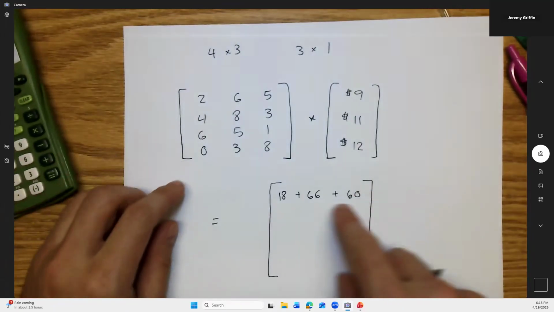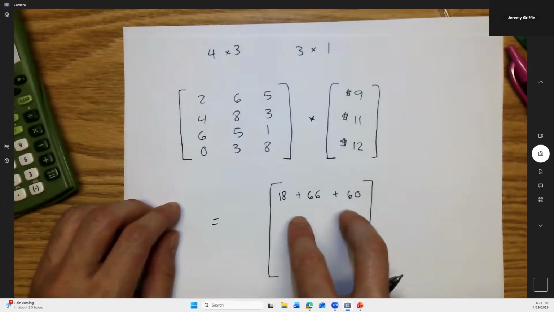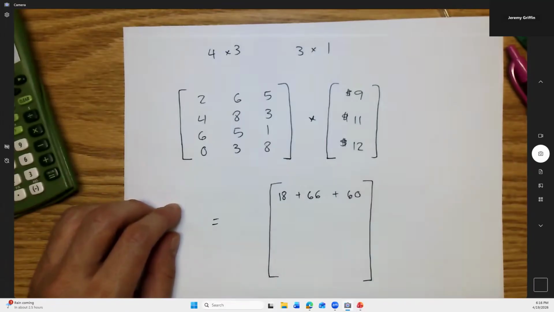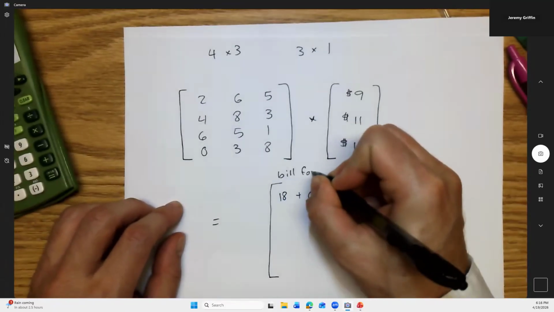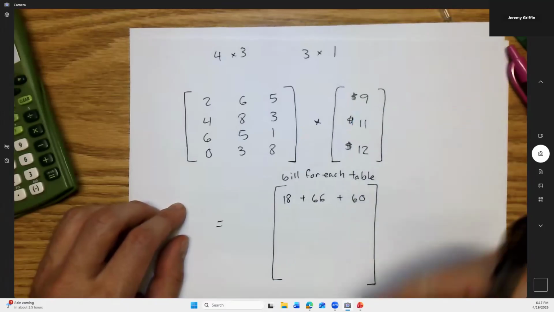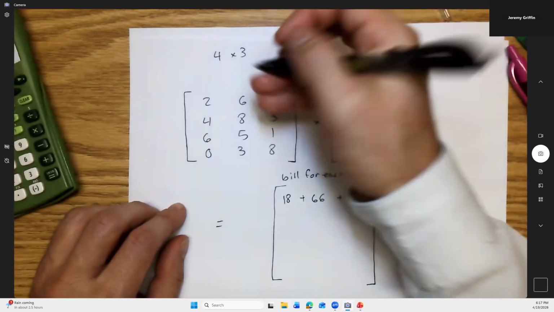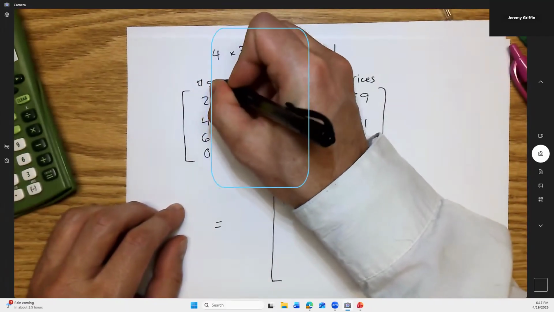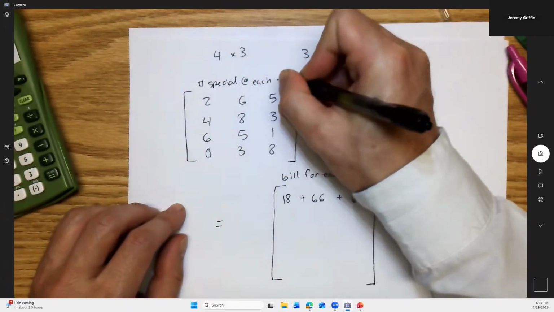All right, so that's for table A. Okay, that's the bill for table A. So bill for each table, that's the way I'm going to interpret this. All right, these are the prices, and these are the number of specials ordered at each table.